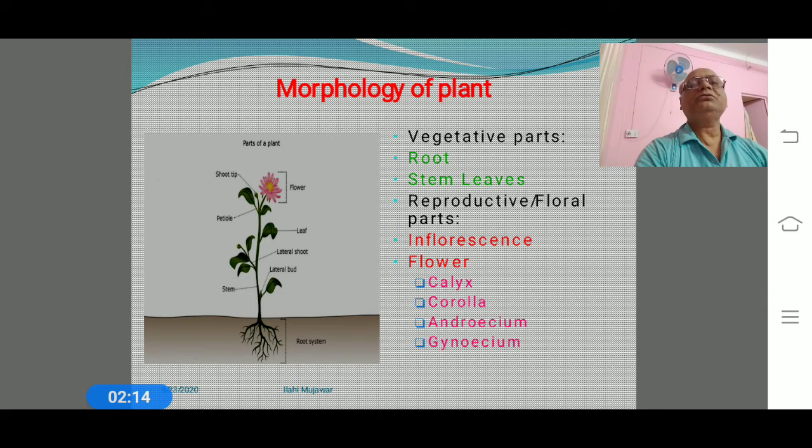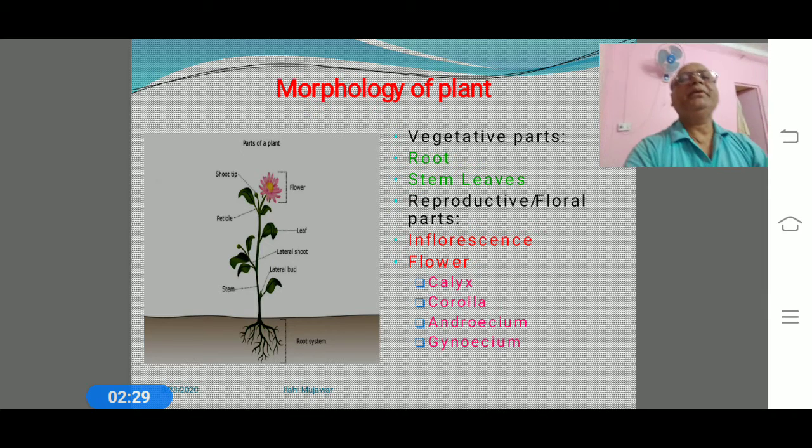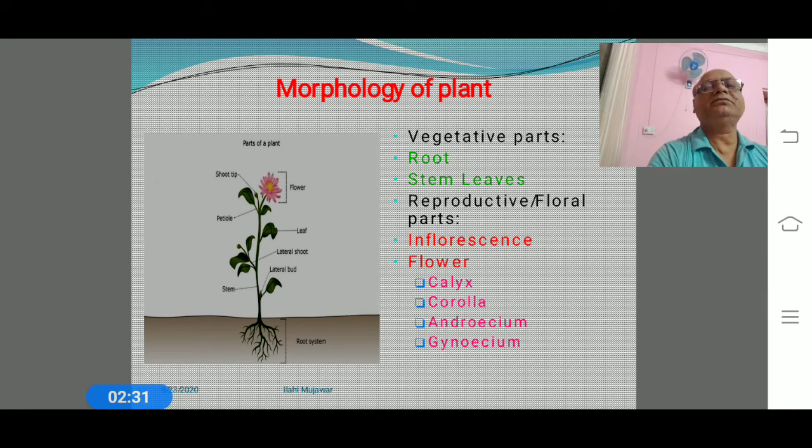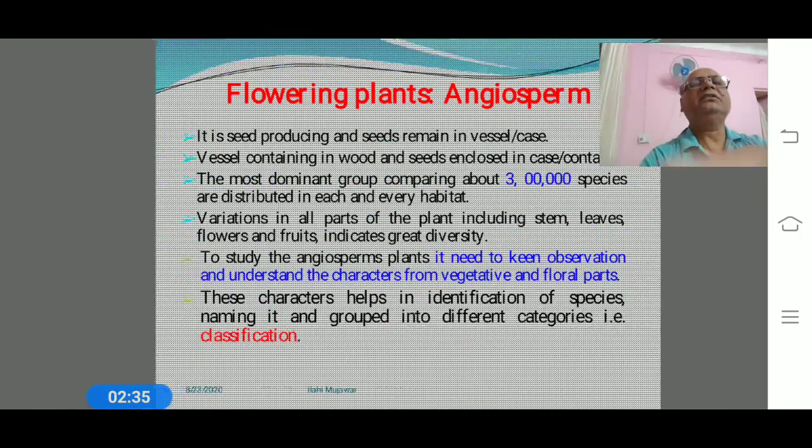The reproductive parts, first one is inflorescence, that means the arrangement of the flowers on the main axis is called inflorescence, and then the main flower, and the flower is constituted of calyx, corolla, androecium and the gynoecium.